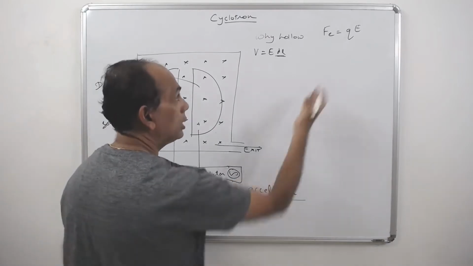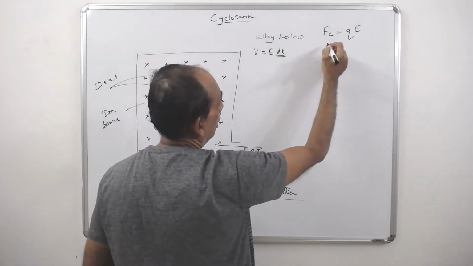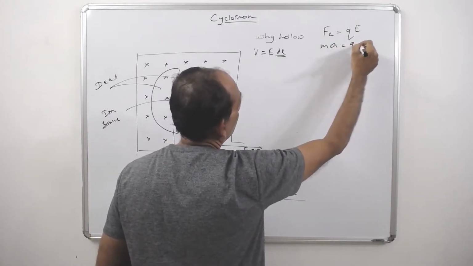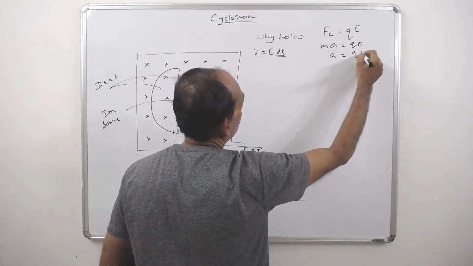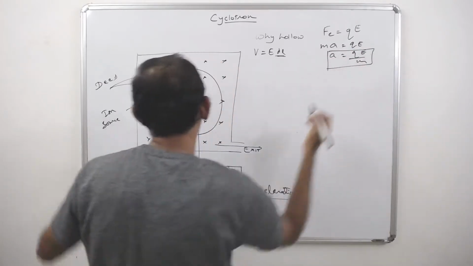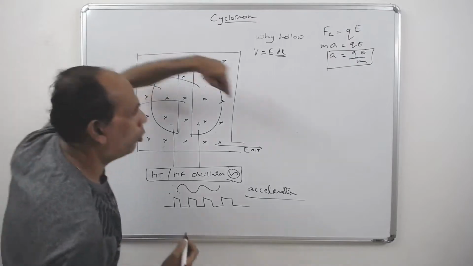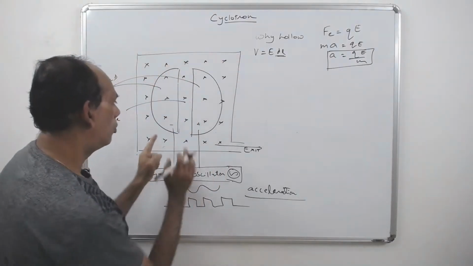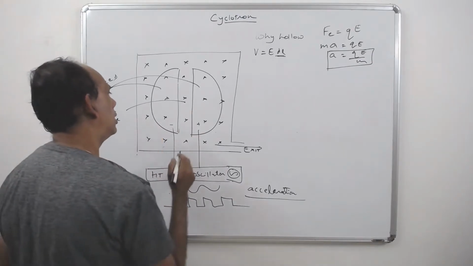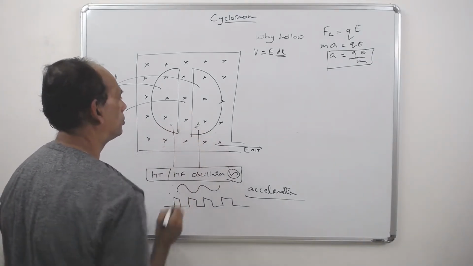So, what is the acceleration? See, m times a is equal to QE. So a is equal to QE by m. This is the acceleration with which the particle is either pushed this way or that way, depending on which is plus and which is minus. Let us consider this is minus and this is plus.